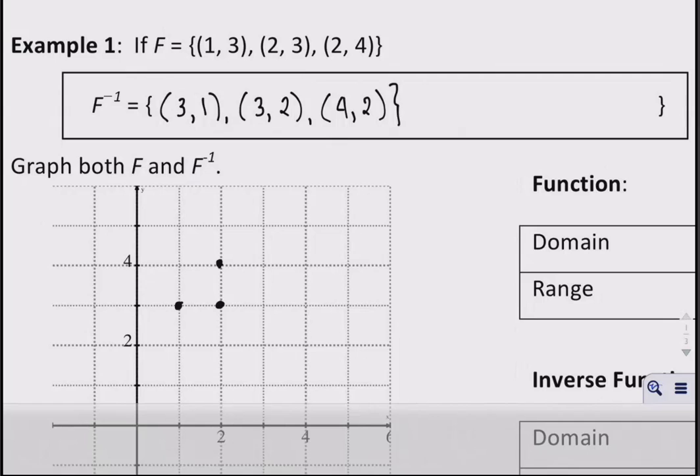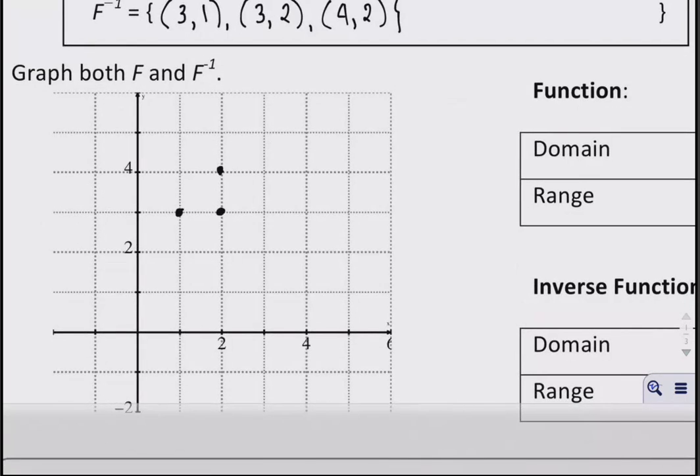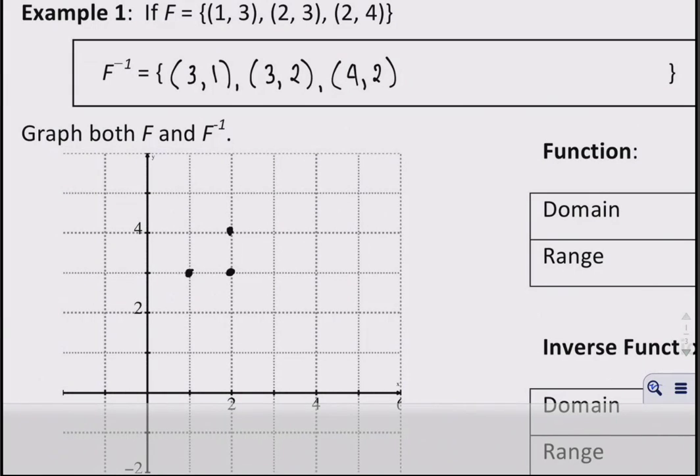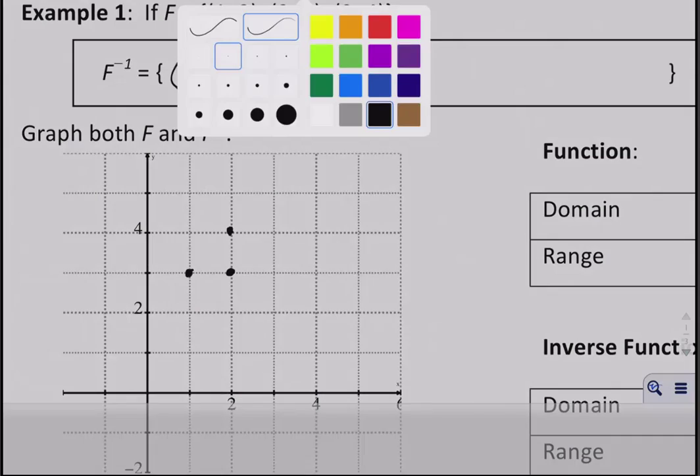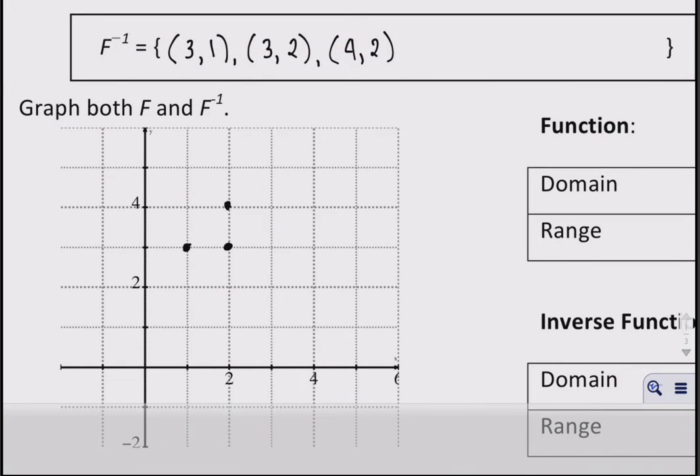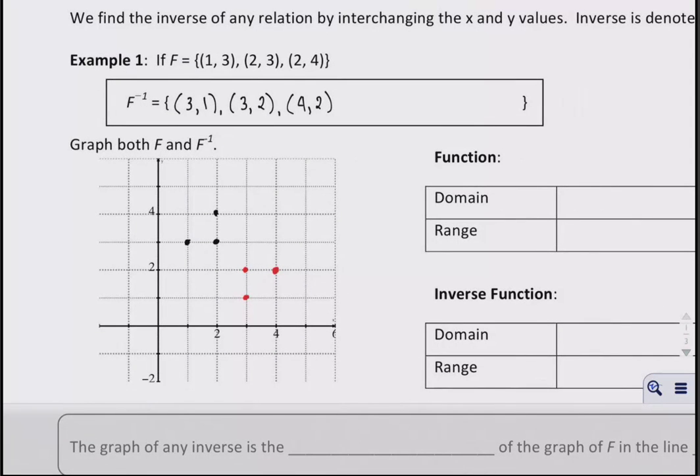So clearly the f is a relation and not a function. As for the inverse, I'll do that with red points. I have 3, 1, so across 3, up 1. I have 3, 2, so across 3, up 2, and I have 4, 2. There you have it. I'm not going to connect those points together.